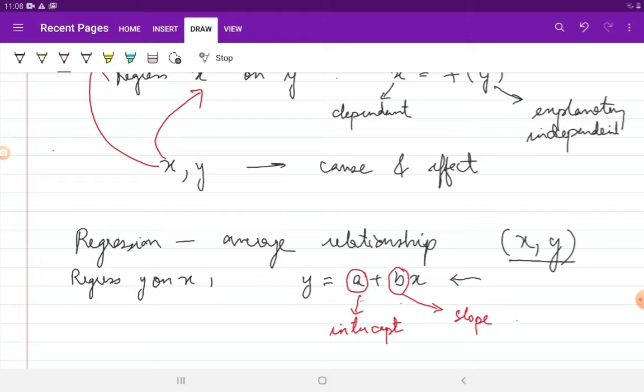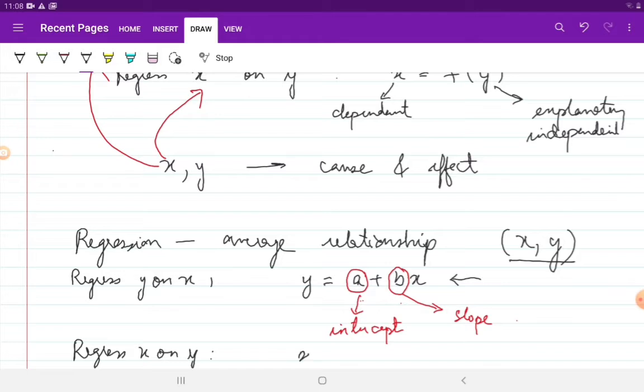Okay. Now, like I said, this average relationship can be in two forms: regressing y on x or regressing x on y. If you're regressing x on y, like I mentioned earlier, you mean that x is a function of y. Again, we are dealing right now only with a perfectly linear regression relationship.